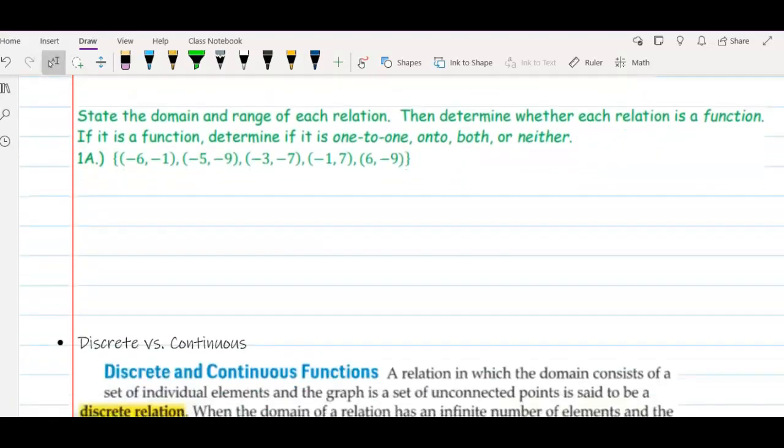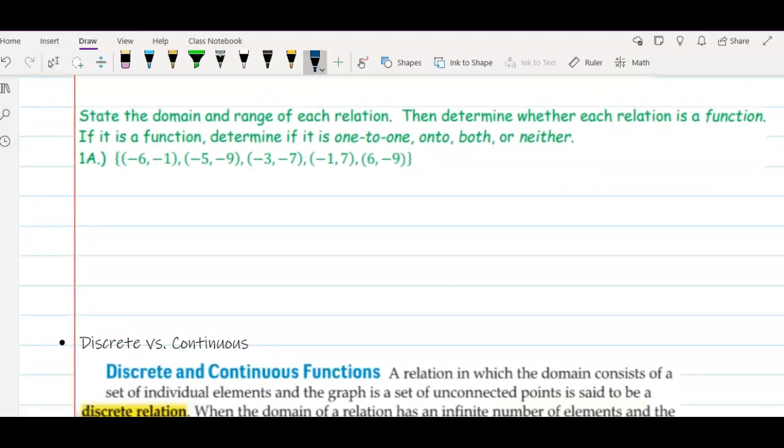Let's look at an example. Let's first start by naming the domain and the range. Remember, the domain is all the x values, which in this case is -6, -5, -3, -1, and 6. The range is all the possible y values.